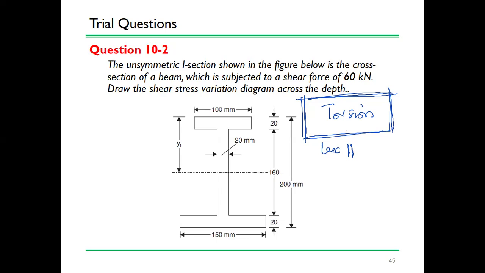Shear stress, sorry. So the principle is that at the topmost and bottommost fibers, the shear stress is 0. That's the principle you should know. And of course, your formula should give you the answers, right? So these are not arbitrary. When you substitute, you should get the answers from your formula to draw your diagram. Right? Okay, sir.